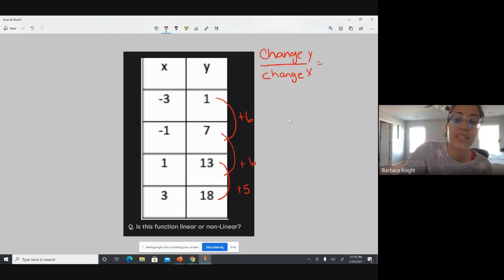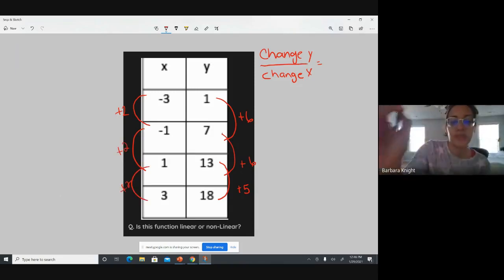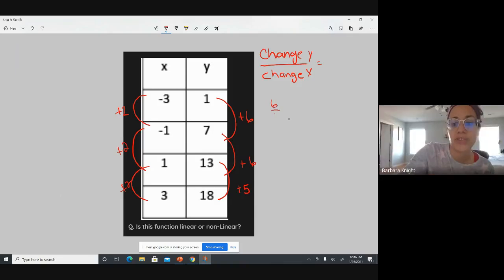Okay, so then over here, we had -3 to -1, so I had to add 2. -1 to 1, right? I had to add 2 again. And 1 to 3, I added 2. So we had 6 over 2, 6 over 2, and 5 over 2. Right?